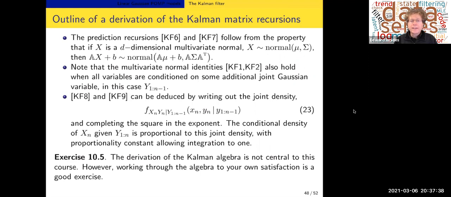For KF8 and KF9, there's a trick to work them out. You can write out the joint density of x and yn given y1 through n minus 1, and because it's a joint Gaussian density, it'll have an exponent. You can complete the square in terms of x.